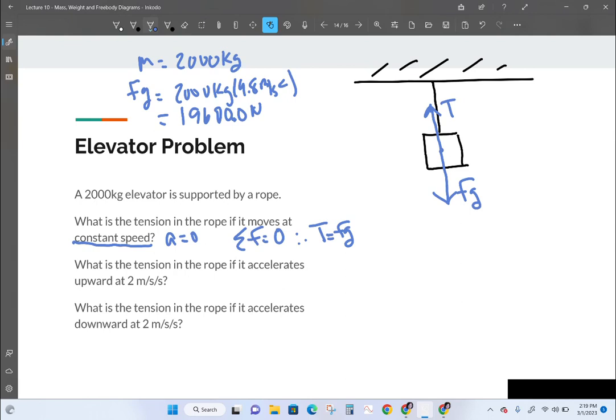So the tension would just be 19,600 newtons.